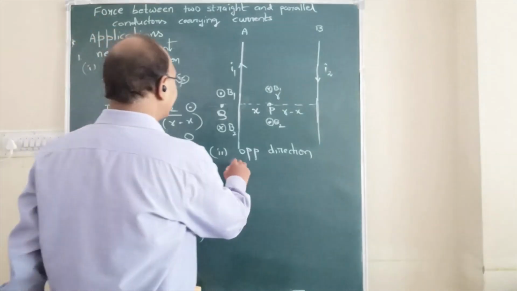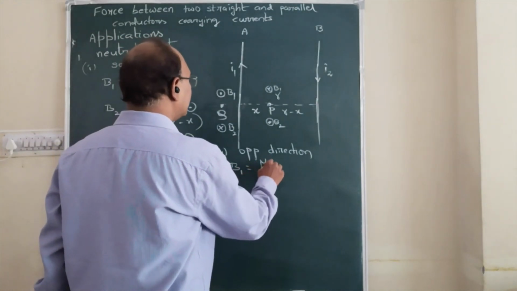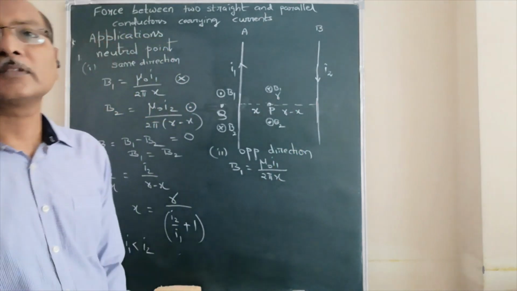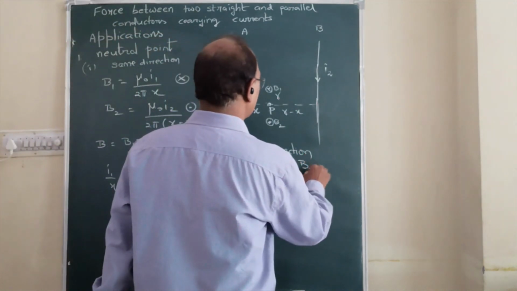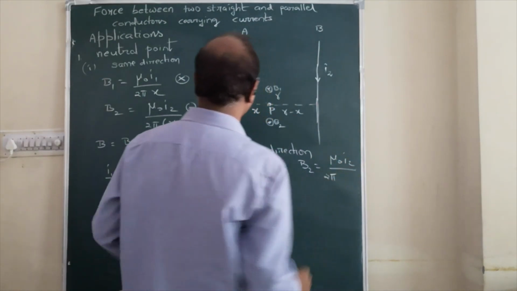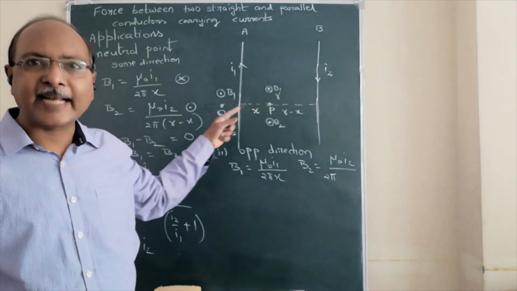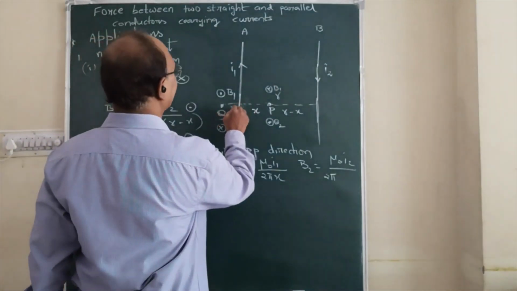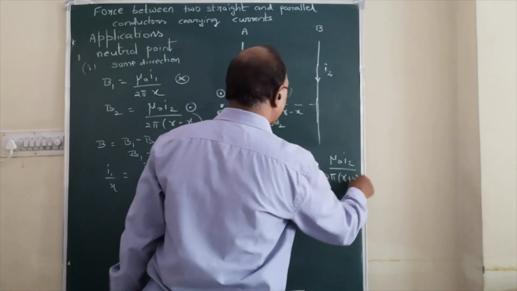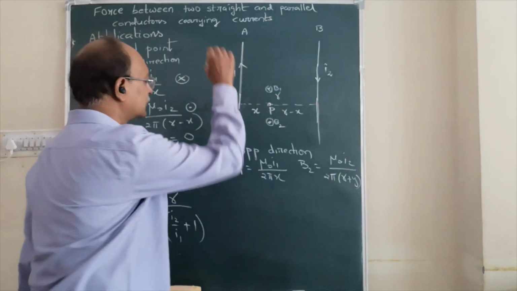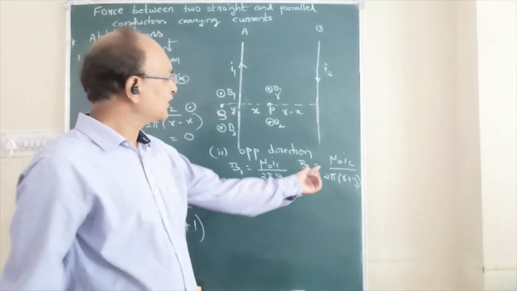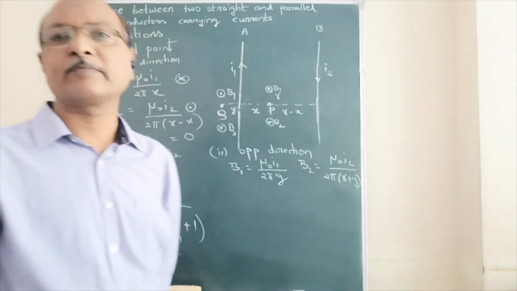Now B1 is equal to mu naught I1 by 2 pi x, and B2 is mu naught I2 by 2 pi into this distance, which will be r plus x. So this is x we take, so r plus x, or y you take. So here mu naught I1 by 2 pi y and mu naught I2 by 2 pi into (r plus y).